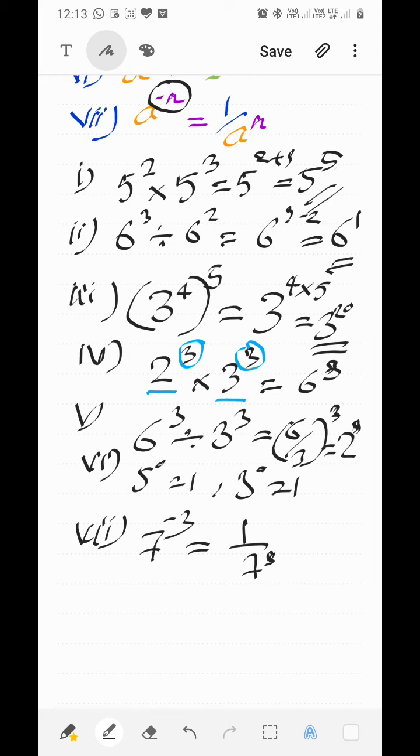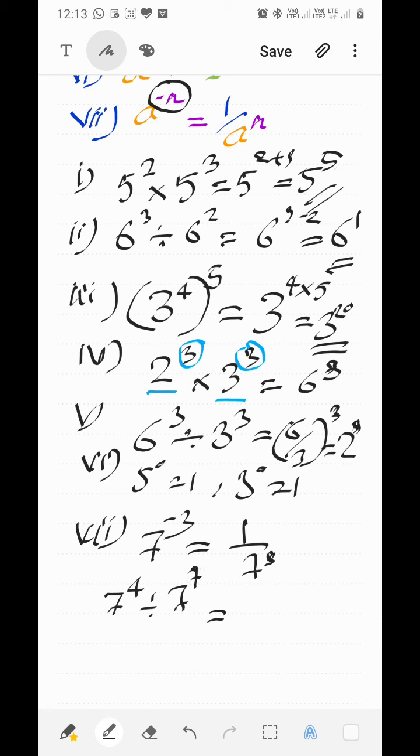Why it happened? What is the condition when we will get a negative exponent? For an example, I will give you. If you are dividing, for example, 7 raised to 4 divided by 7 raised to 7.